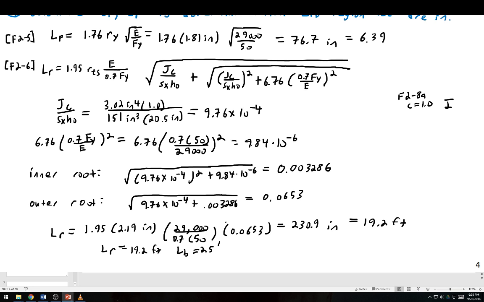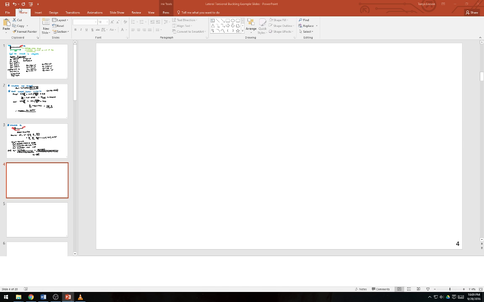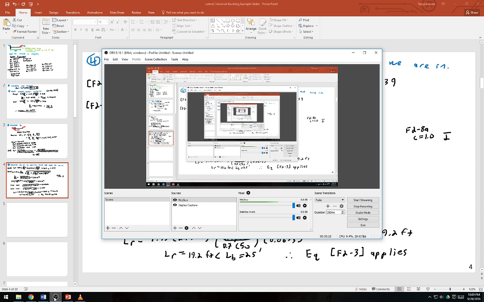So again, Lb is greater than Lr, so therefore equation F2-3 applies. And you could probably guess what the next step is. The next step will be actually applying that equation. Each step I like to go back and save, and make sure we're still rolling, etc.